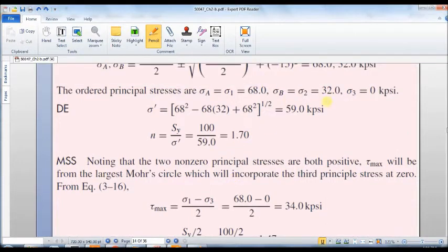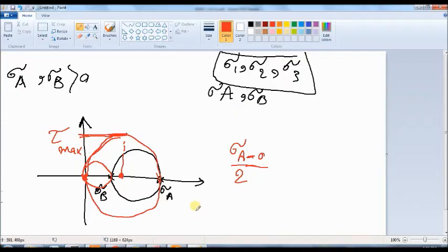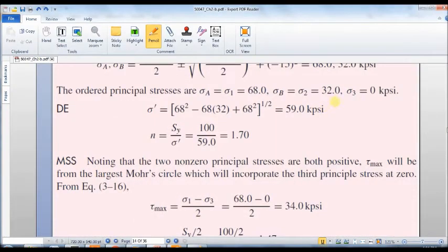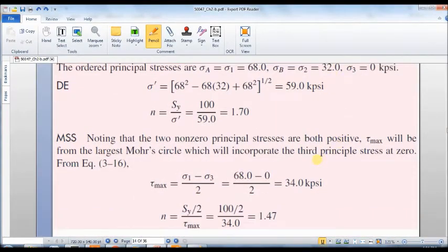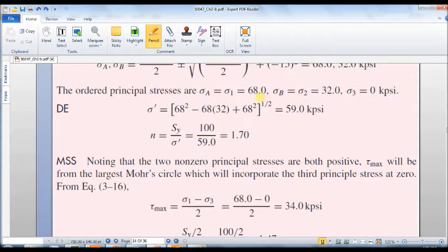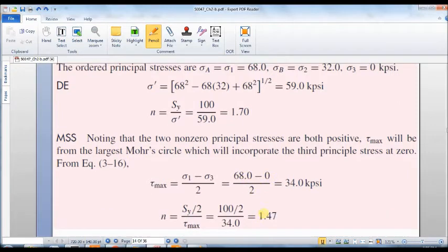Now again, here I have two positive principal stresses. One of them is 68. So if we draw, for example, this is 68 and this one is 32. We have to divide the greatest one, which is 68, by 2. 68 minus 0 divided by 2.